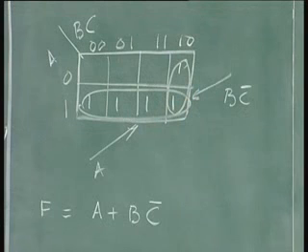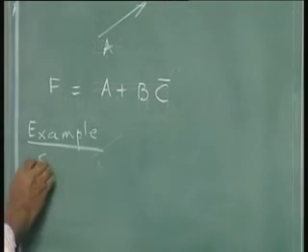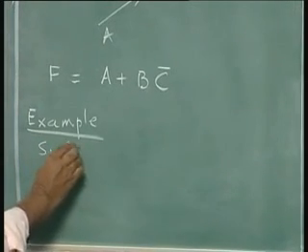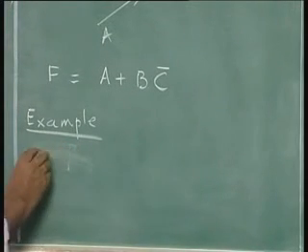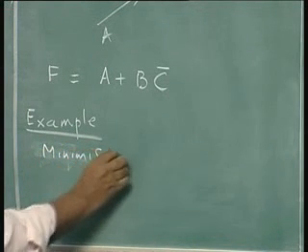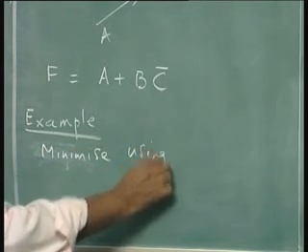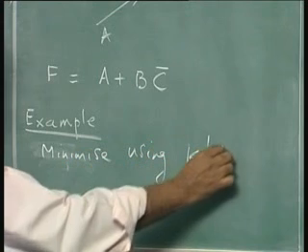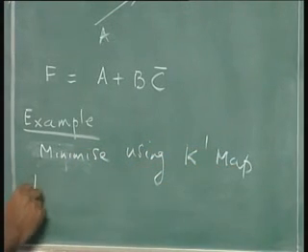So this is an example. Simplify, or I will not even say simplify, I will say minimize, because I want to get the minimum value. Minimize using K-map the function f.